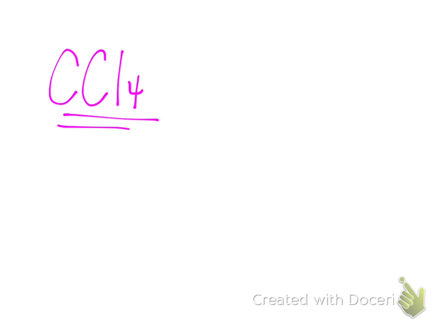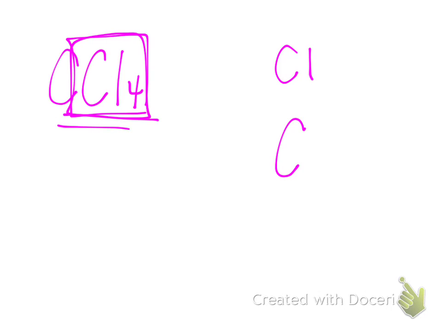Okay? So here's how I'm going to draw my Lewis structure. I'm going to start with the least electronegative atom. That always gets to be in the center of our Lewis structures. Least electronegative gets to be the middle. From there, I need to bond 4 chlorines to that carbon. So I'm just going to go in each direction. Chlorine, chlorine, chlorine, chlorine.